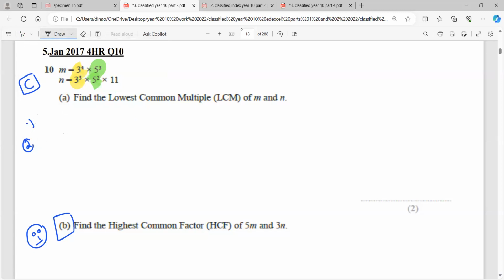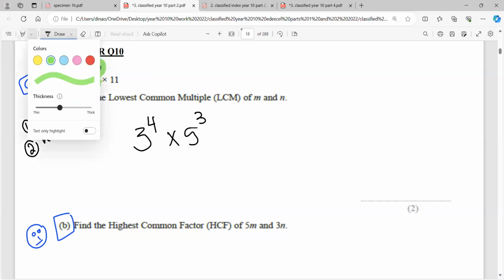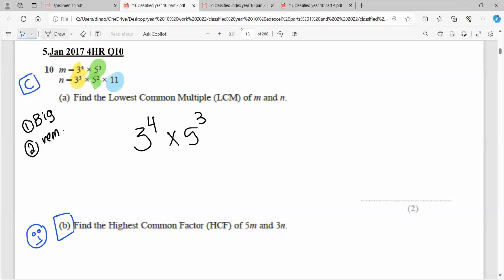So from the highlighted yellow I select the bigger power, from the highlighted green I select the bigger power, and the only remaining factor over here is the 11, so I include it as well.